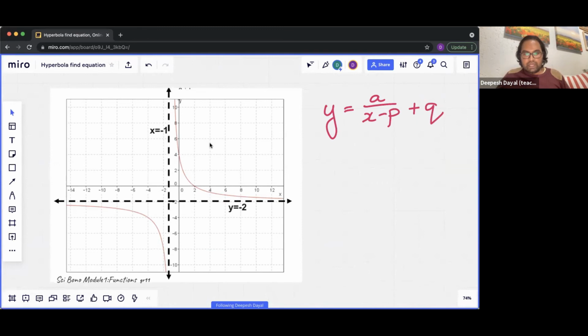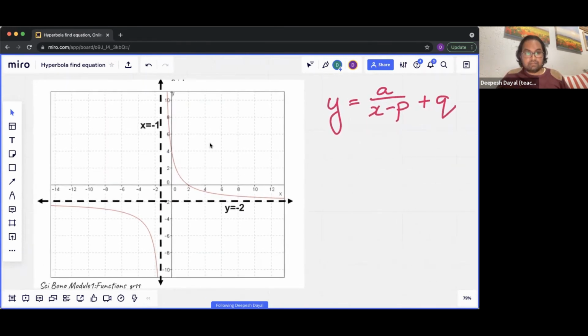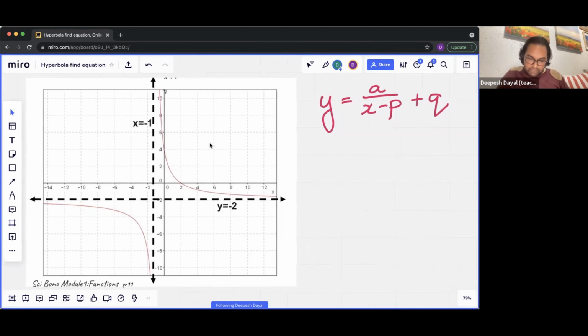We've got two asymptotes and we actually have a point. So you need to look carefully at this one. What is the point, right? The point is in fact here. It is 0, which is x, and 4, which is y. That's the point. So let's find the full equation, right?